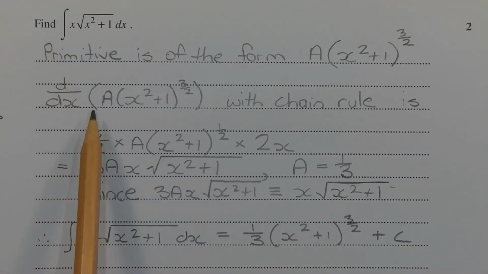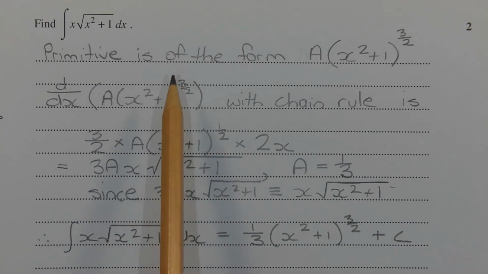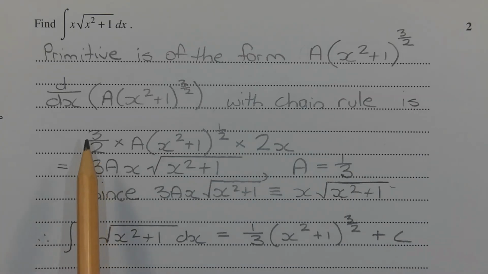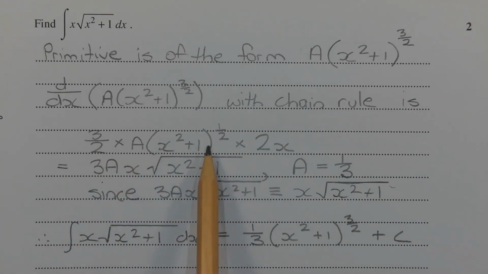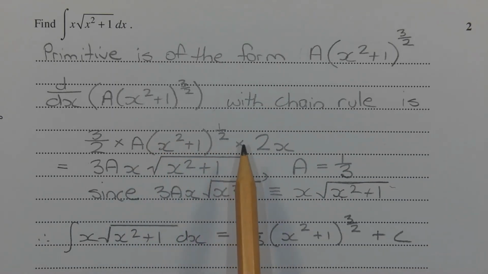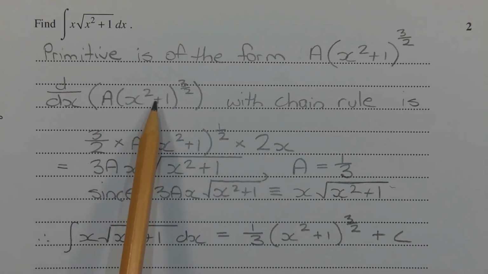So differentiating a outside of x squared plus 1 in brackets to the power of 3 over 2 using the chain rule, we get 3 over 2 times a outside of x squared plus 1 in brackets to the power of half times 2x. So that's the derivative of the outer function multiplied by the derivative of the inner function.